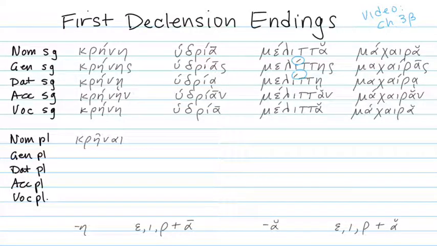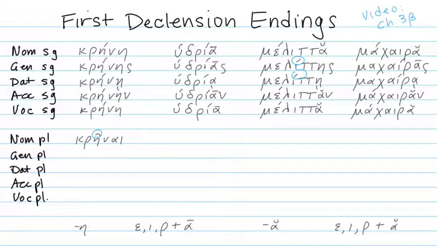Now, as I promised, the endings for the nominative plural are going to be the same across all four types. So let's learn them for crani and then apply them across the board for the rest of them. So the nominative plural of crane is crani, with the ending alpha iota.